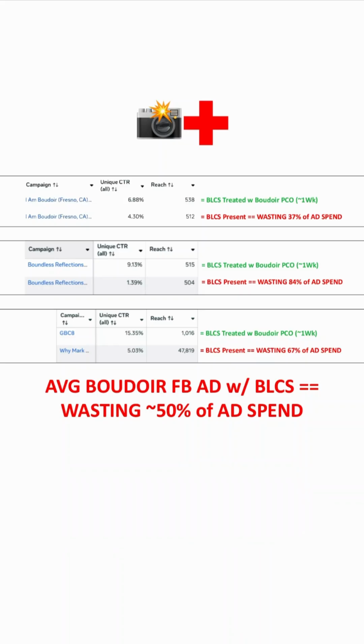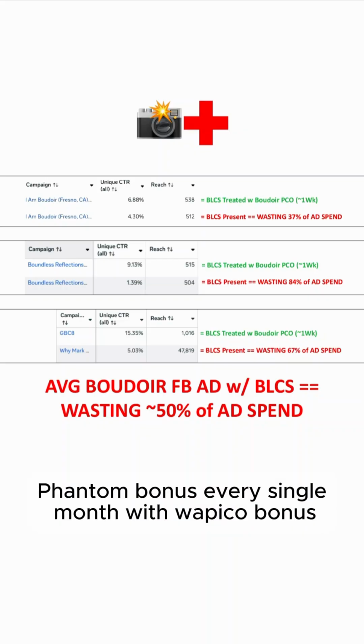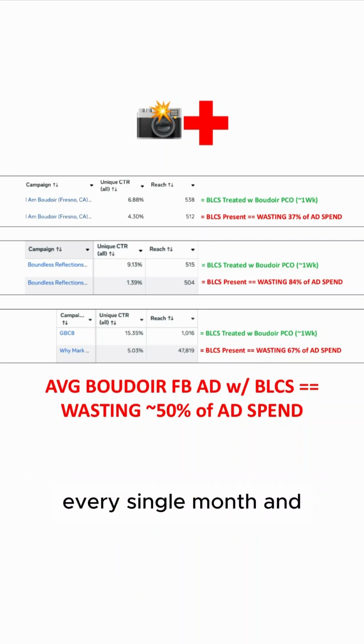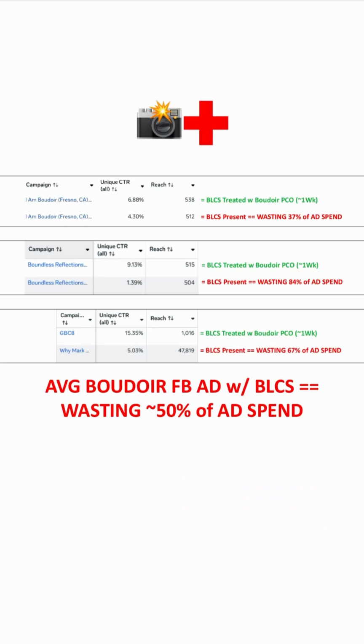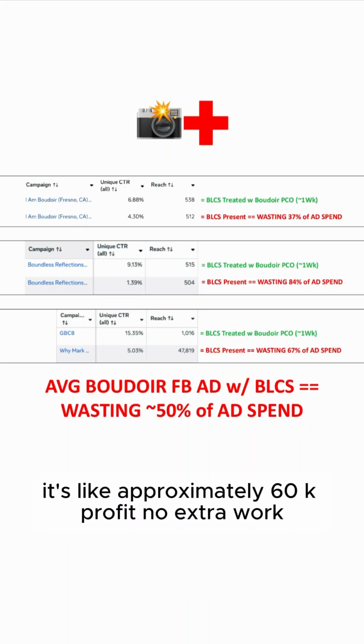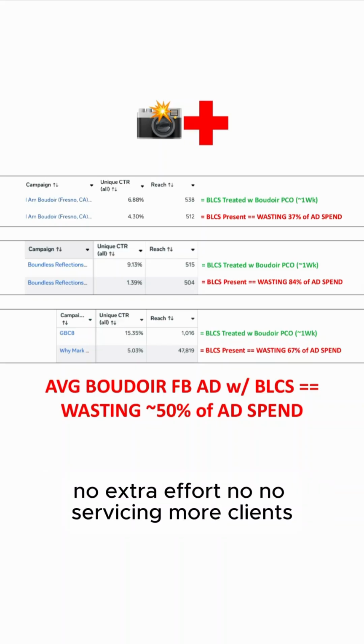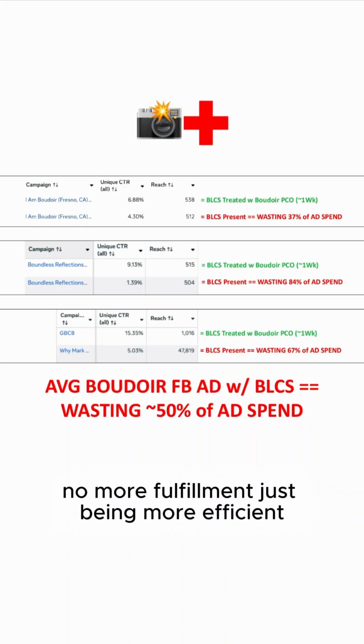So it's literally 5K phantom profit, phantom bonus every single month, a Boudoir Pico bonus every single month. At the end of the year, it's approximately a 60K profit. No extra work, no extra effort, no servicing more clients, no more fulfillment, just being more efficient.